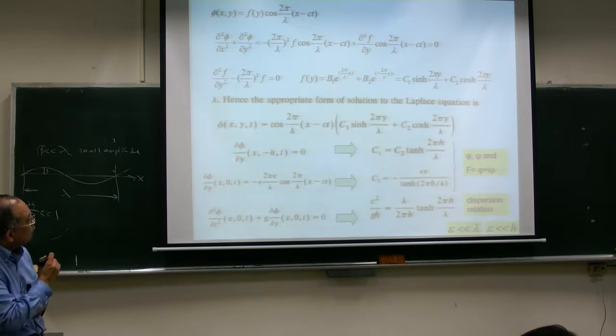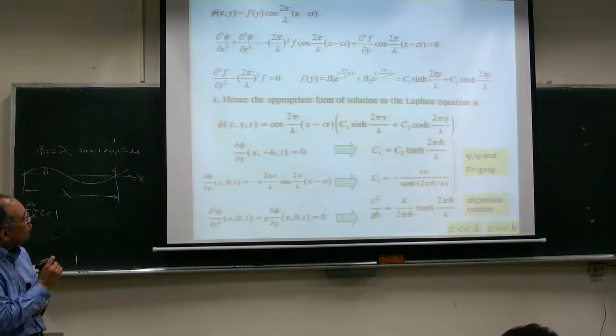From this boundary condition, these two constants C1 and C2 are not independent, they depend on each other. If we know C1, we know C2. We only have to know one, because they have this relationship.